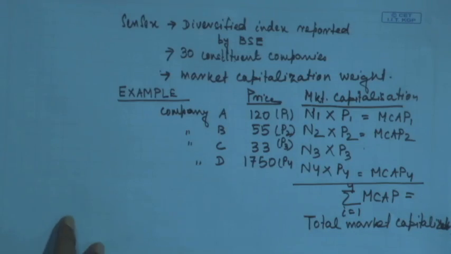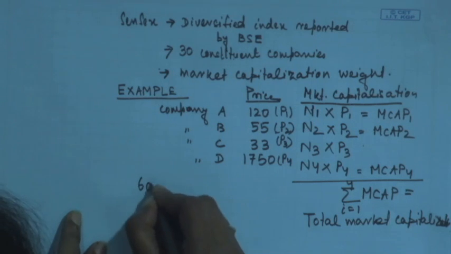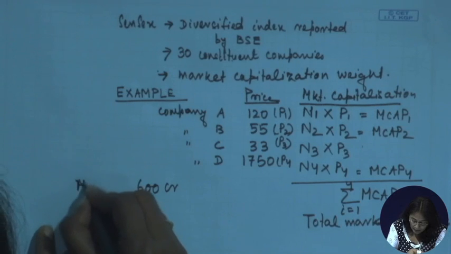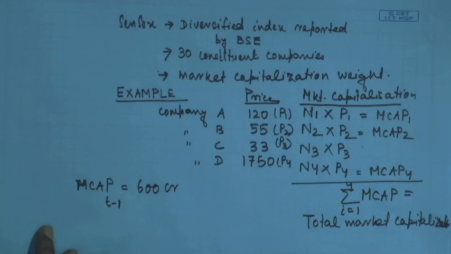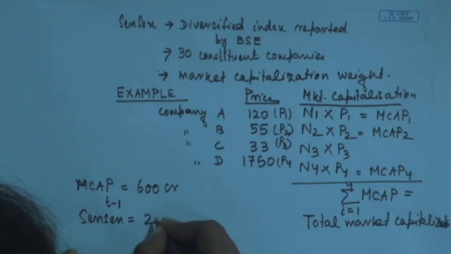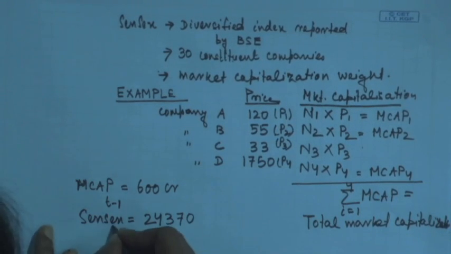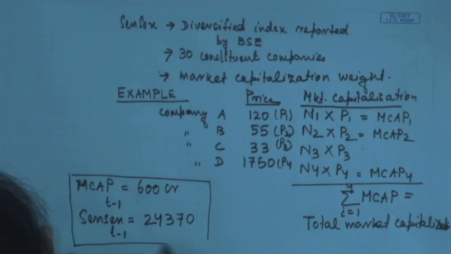Now how do we then get to know what the index value is? Let's say yesterday's total market capitalization, M cap at T minus 1, was 600 crore, and the Sensex value was around, let's say, 24,370. So this is the Sensex value of yesterday with yesterday's market capitalization.